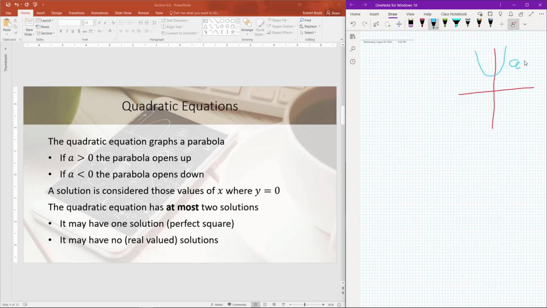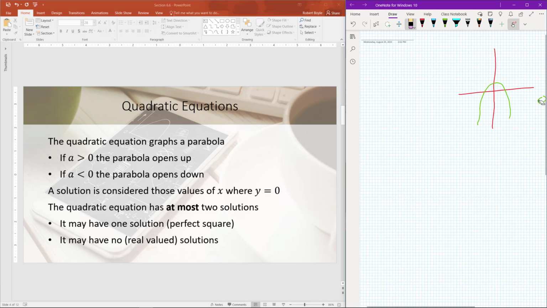And if a is less than 0, well, then the parabola would point down, just like this. So unlike linear equations, which when you graph it is nothing more than a straight line, the quadratic equation actually has a little curvature to it, which makes it kind of interesting.